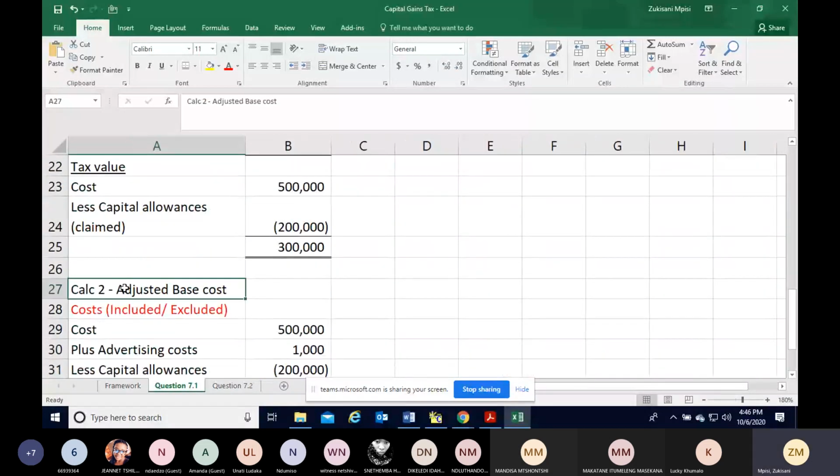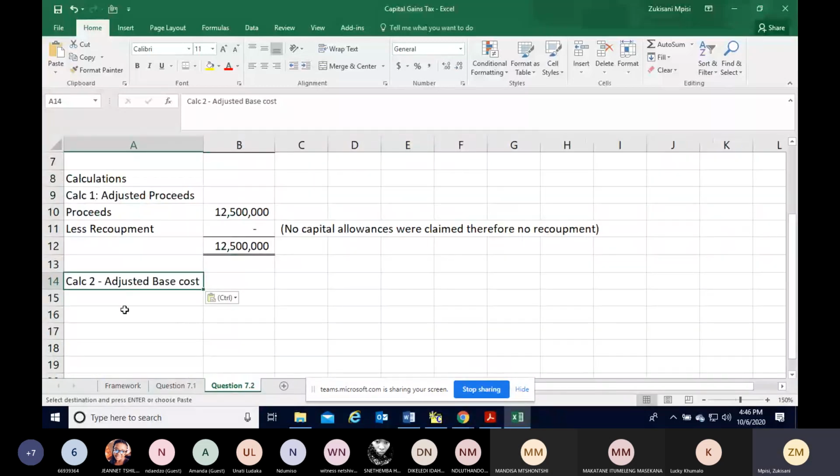Now we do the second calculation in order to get the base cost. We need to get the adjusted base cost. The important thing is that it is for an asset that was acquired before the 1st of October 2001.